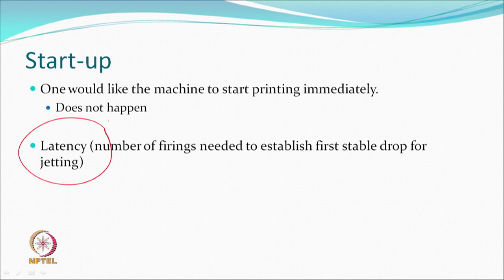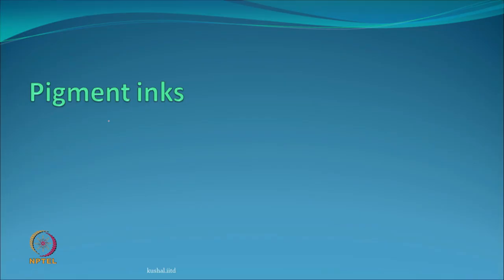If something is sticking somewhere, some portion is dried up, or the holes are not really clean, it takes a number of firings before everything comes out smoothly. This is called latency, and it is what is sometimes known as startup issues.